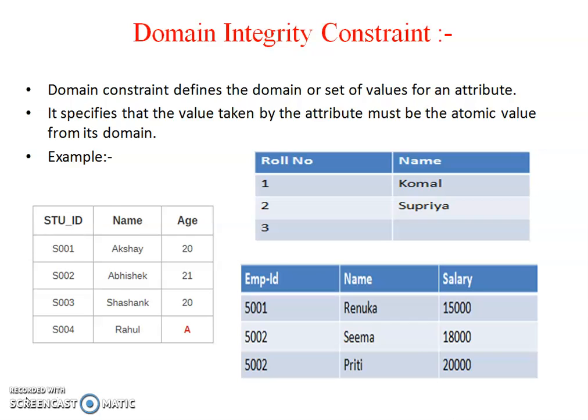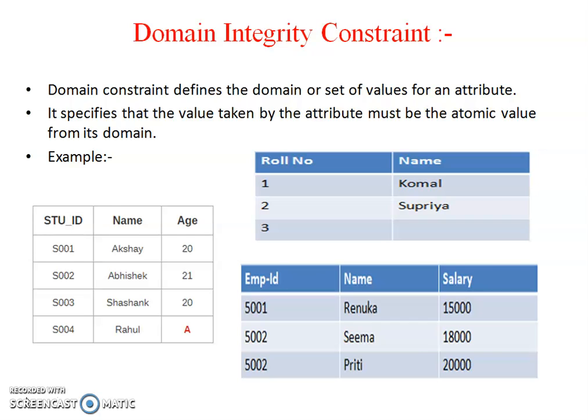Now we will discuss them one by one. Before that, first we discuss data type. A domain is a set of all unique values which are included for an attribute. Domain constraints use user defined data types.